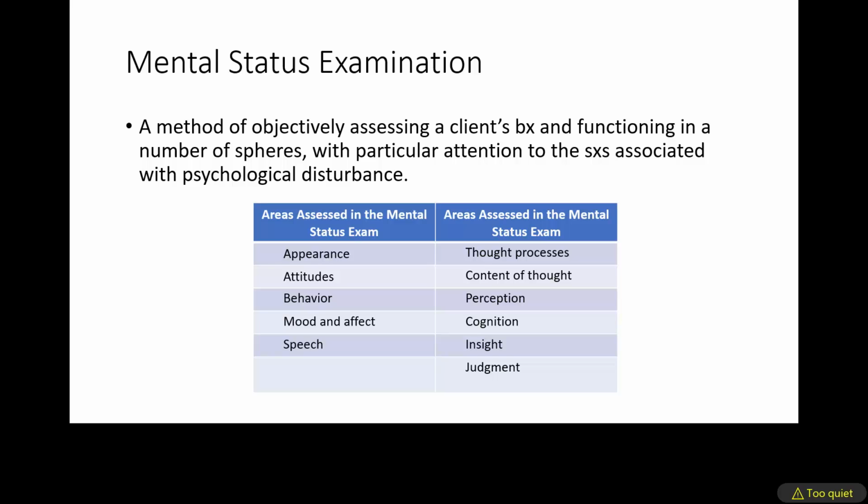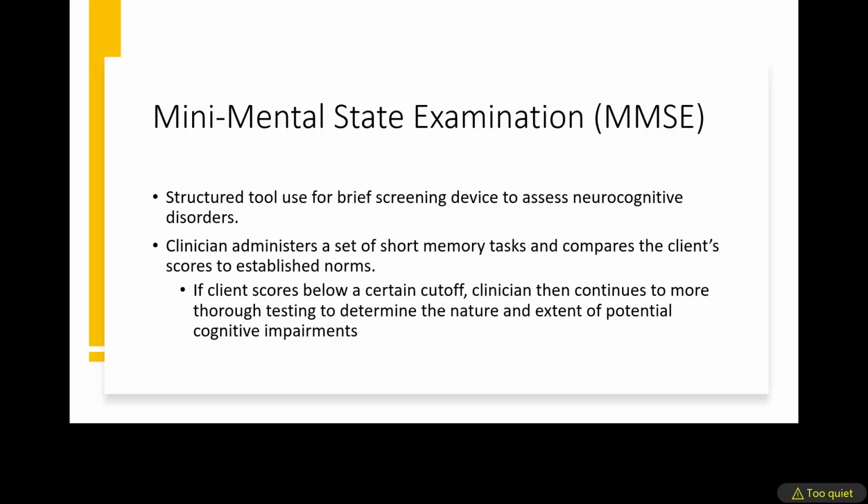The mini mental state examination is a quick way of doing the mental state examination. Sorry, I cannot speak right now. This is usually for somebody coming in from maybe an accident that they just had. It is a way to really assess for neurocognitive disorders.